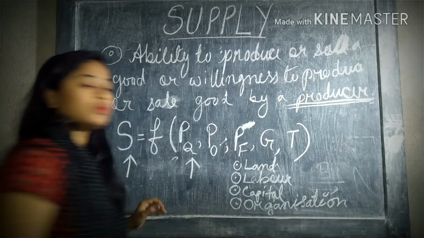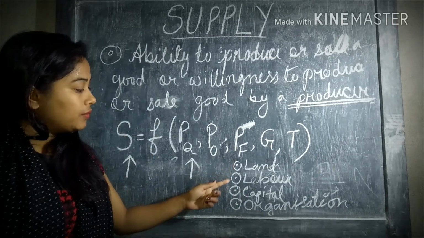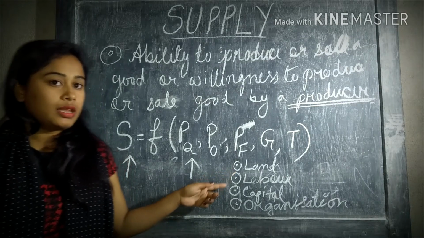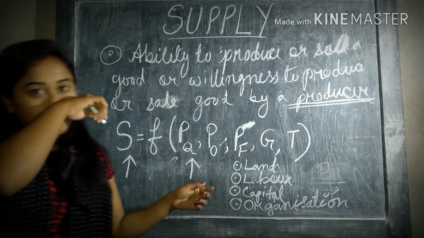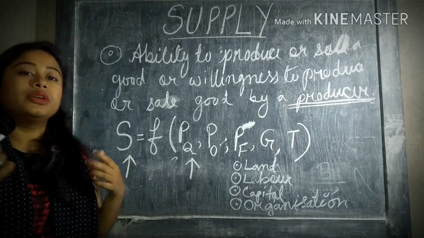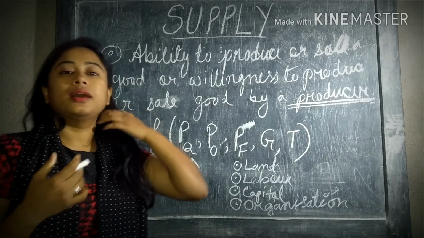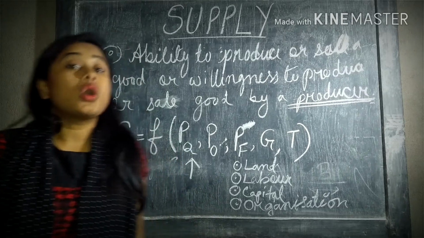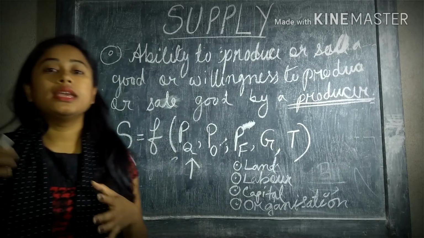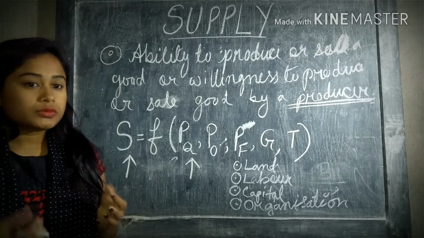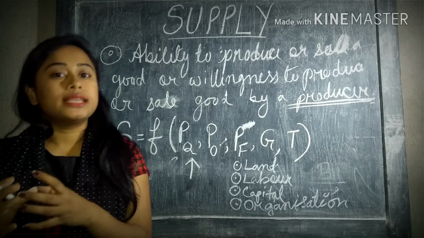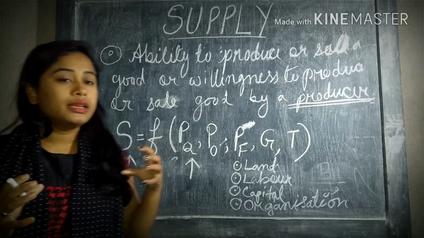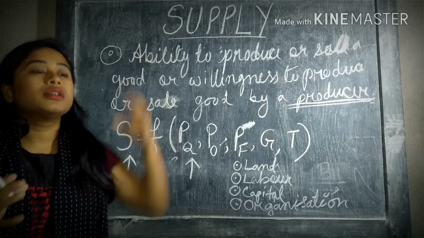So if the price of any of the factors increases, then what will the supplier do? As the price of the factor of production increases, his cost of production will increase. Okay, so if the cost of production is increased, then the supplier or producer will increase the price of the commodity.